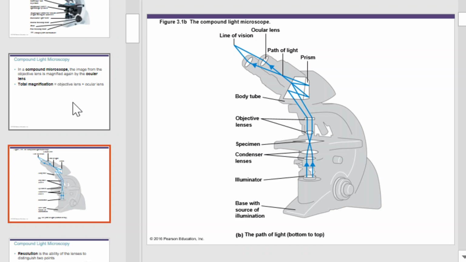Compound light microscopes also possess a prism which flips images upside down and backwards as you view them through the ocular lenses. The image that you see from the prism is also referred to as a virtual image, since it is a reflection of what is coming through the objective lenses.